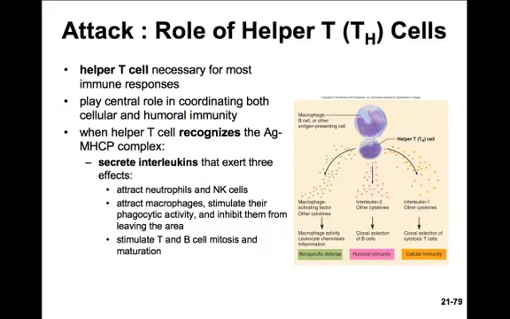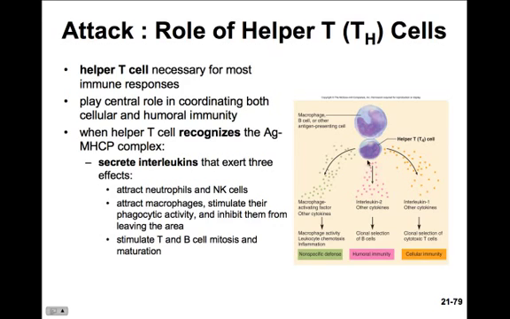We'll also see stimulation of T and B cell mitosis and maturation. So not only do T helper cells coordinate cellular immunity, but they also coordinate humoral immunity.